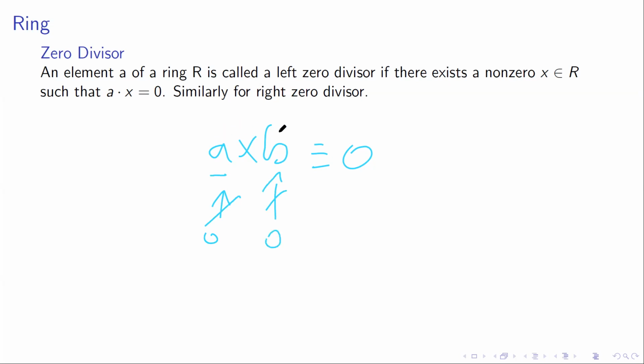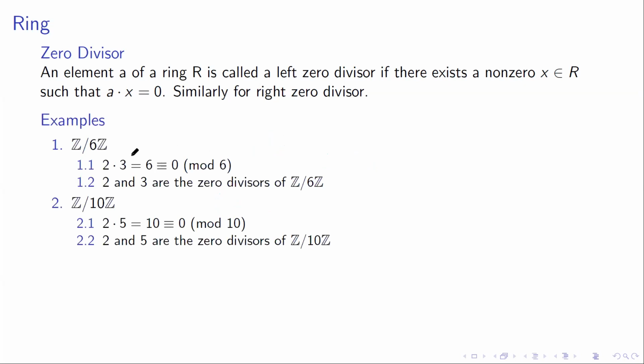Then A and B are zero divisors. For example, take the integers modulo 6. We know that 2 times 3 is equal to 6, but 6 modulo 6 equals 0. So 2 and 3 are zero divisors of this ring. Similarly for the integers modulo 10.